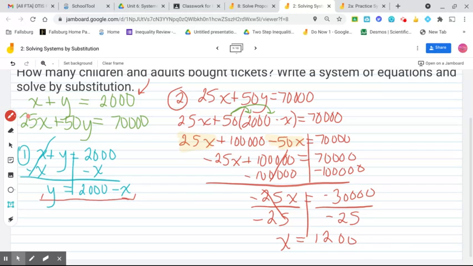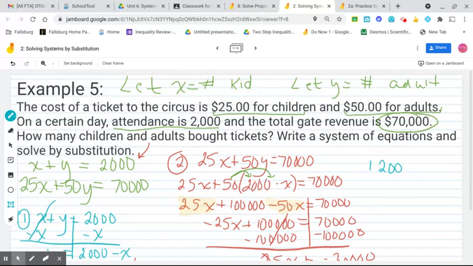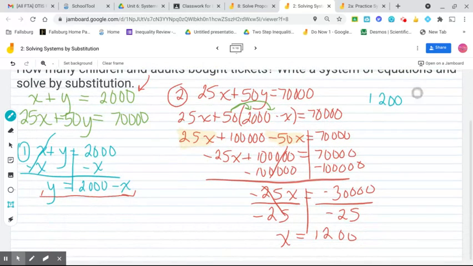So far that means we have 1,200. X represents kid tickets, right? You have 1,200 kids.